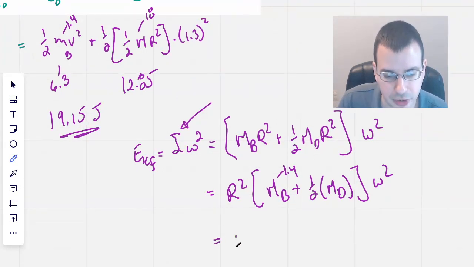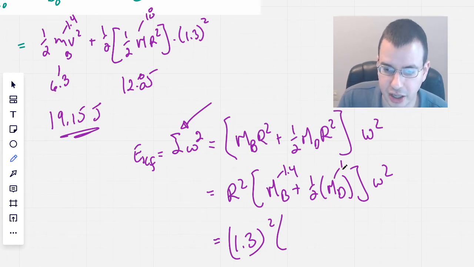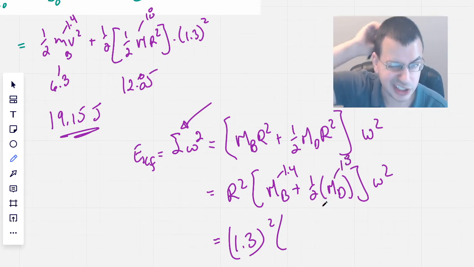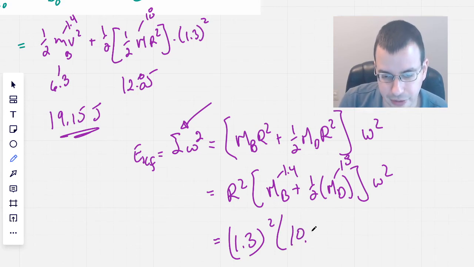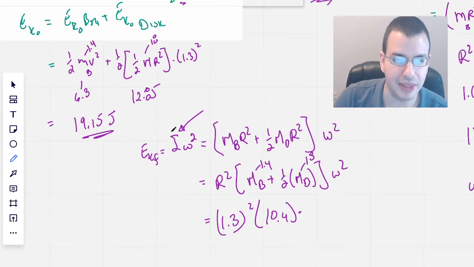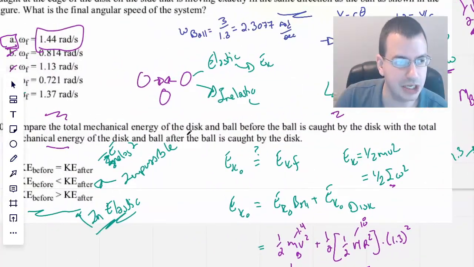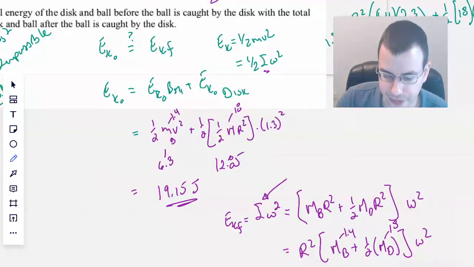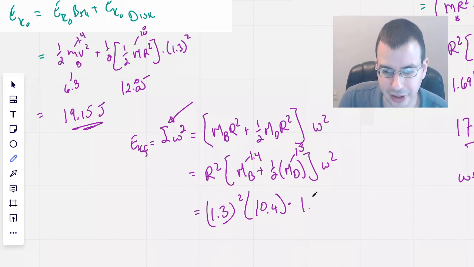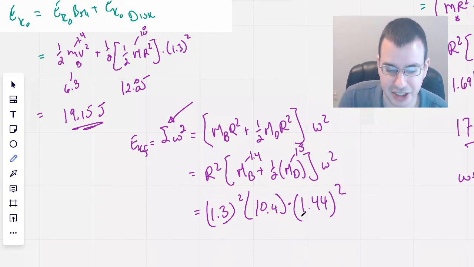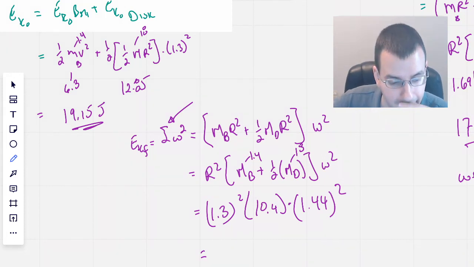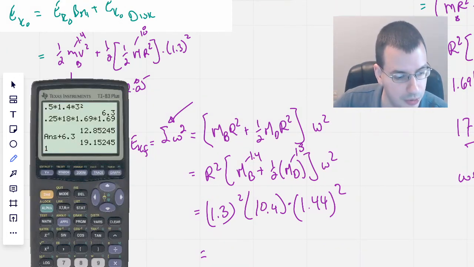Putting some numbers here, we have 1.3 squared, and then this is 18. 18 divided by 2 is 9, plus 1.4 will be 10.4. And then we'll multiply that by the final speed, which we decided was 1.2, so 1.44 when squared. Not related, completely coincidental, not actually exactly 1.44. Okay. So we do 1.3 squared times 10.4 times 1.44, and we can't forget to square this.